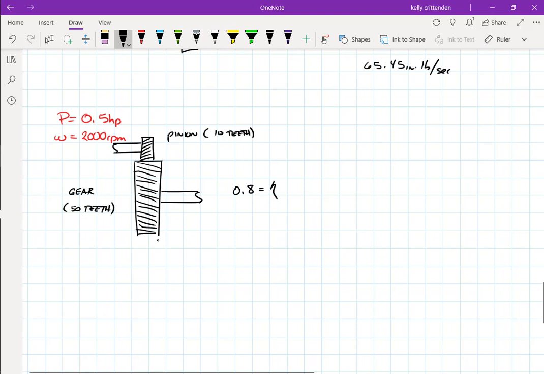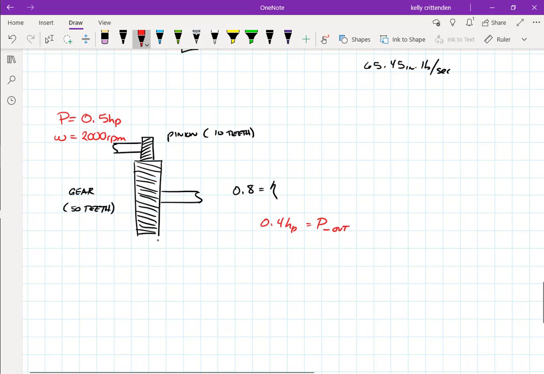So our power out: if we have an input power of half a horsepower and we're 80% efficient, then we do 0.5 times 0.8 to get 0.4 horsepower equals my power out. Since I'm using gears, I'm assuming that the ratio of speeds, the 2000 RPM, is not where my loss is. The pinion doesn't skip teeth or anything.